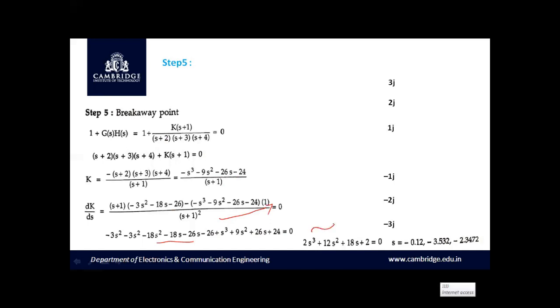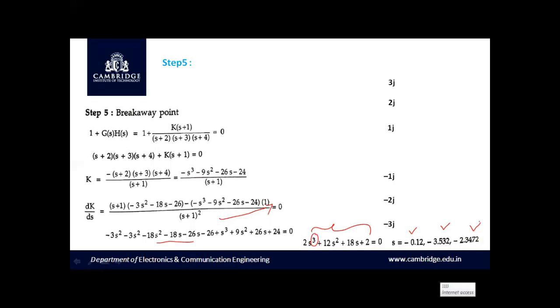For the simplification, you get the expression as 2s cube plus 12s square plus 18s plus 2 equal to 0. Therefore, the highest power is 3 here, so you get 3 roots after simplification, at s equal to minus 0.12, minus 3.532, minus 2.3472. We have 3 breakaway points at the 3 locations.